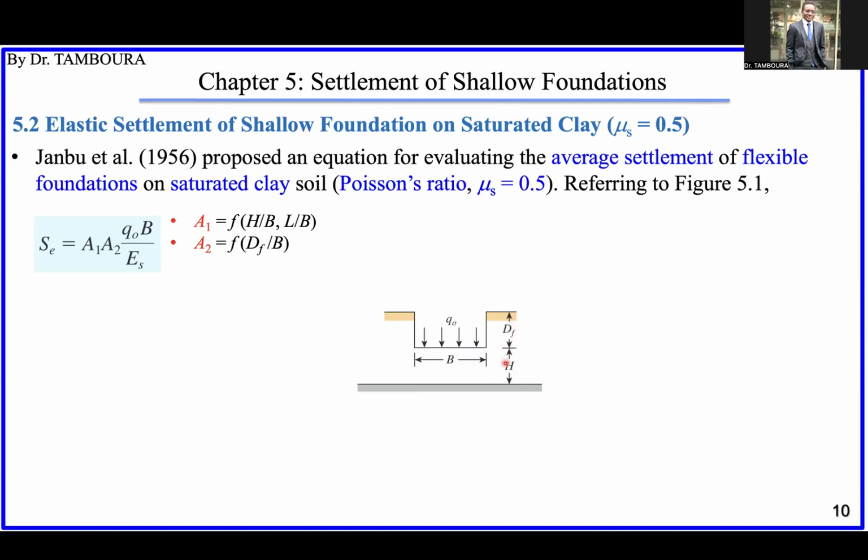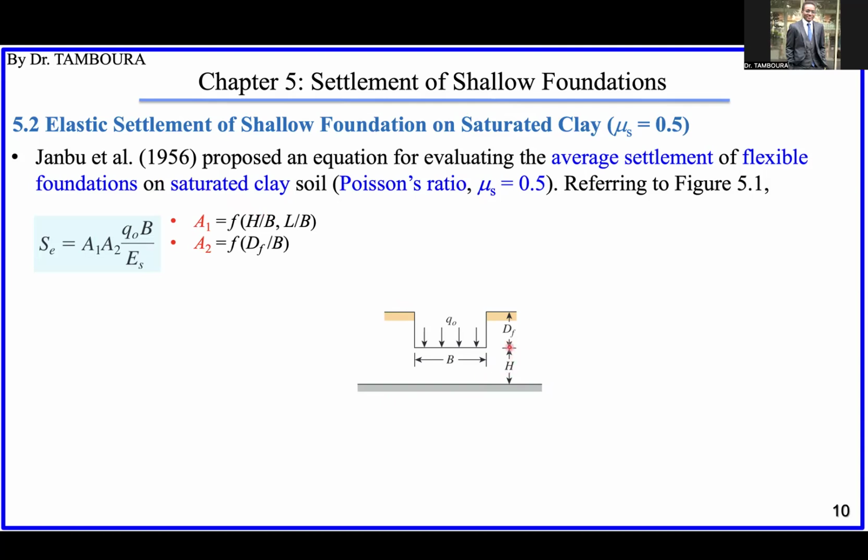So H here is like the soil. This layer is like a rock, like a non-compressible layer, so it is not the clay. The clay is another soil. H is the thickness of the clay layer, because we want to deal with the settlement of saturated clay.